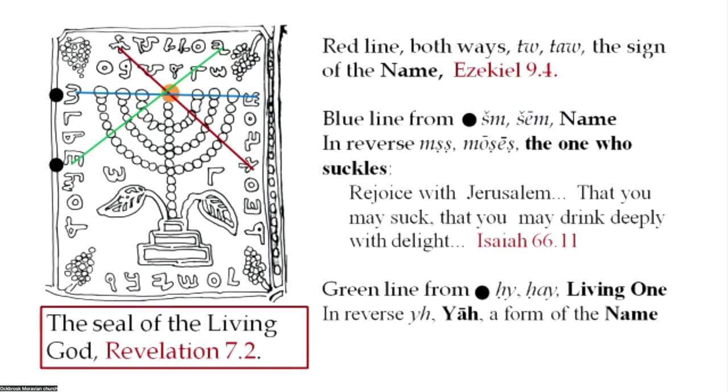If you read it in the other direction, it's the one who suckles. And we know the Messiah did that. Rejoice with Jerusalem, that you may suck, you may drink deeply with delight. And the green line, starting with the blob on the left, the living one. And in reverse, it says Yah, a form of the name.